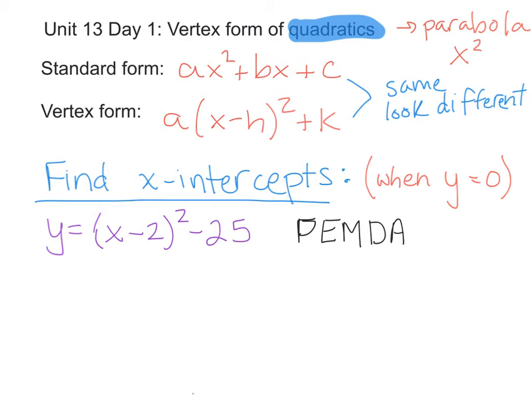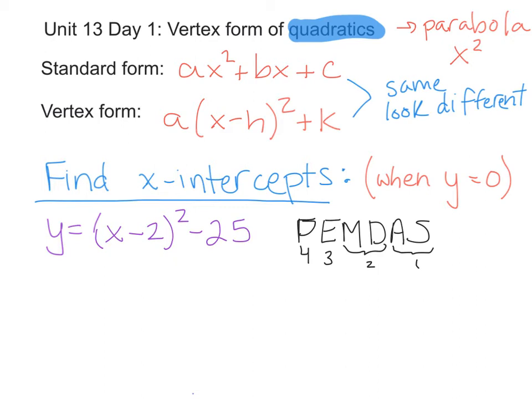Remember when we had PEMDAS, we're working the opposite. First we're going to undo adding and subtracting, that's 1. We're going to undo multiplying and dividing, 2. Undo exponents, 3. And undo parentheses, 4. So we're undoing our order of operations.